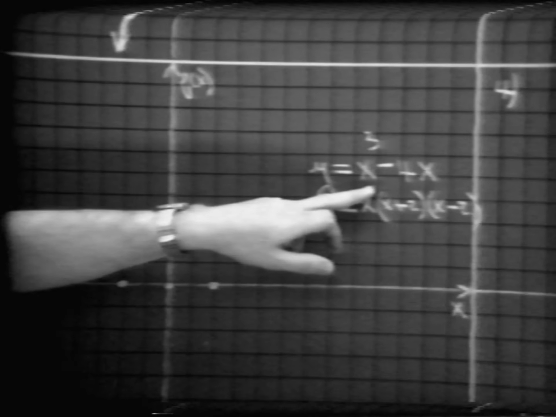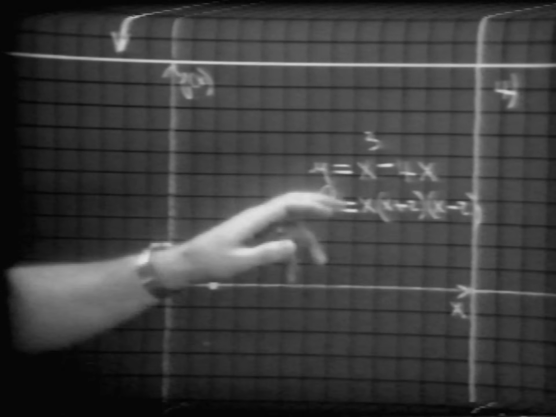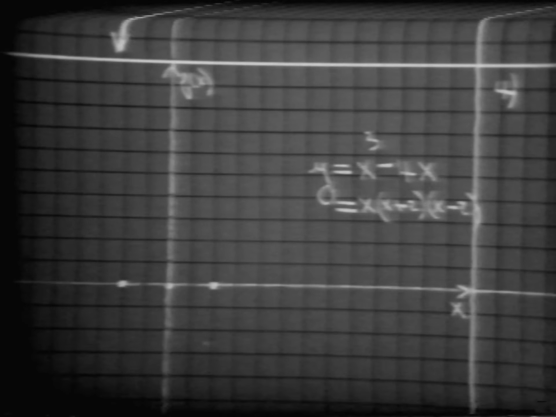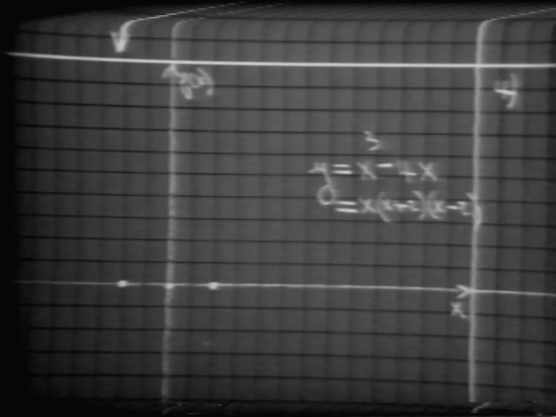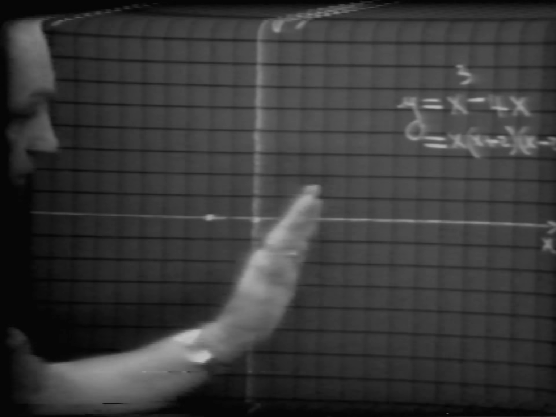Now, if x, say, were -10, -10 cubed is going to be what? A positive number or a negative number? Negative. A negative number. So it's going to be way down here somewhere. Is that right? Okay? Now, as x increases from left to right, let's see what's happening to our graph. If x is, say, -10, we're way down there.